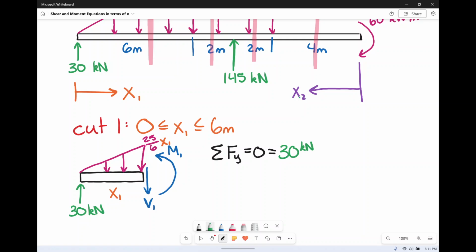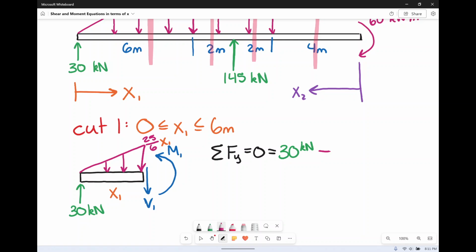If you didn't already make a mistake with equilibrium of a deformable body, you are 100% going to make a mistake here because you're going to forget if you've multiplied by enough distances, and it's going to get pretty terrible, as you're going to see here. So we have 30 kilonewtons going up. Then we're going to change directions. We've got our minus. We need to know the area under the curve.